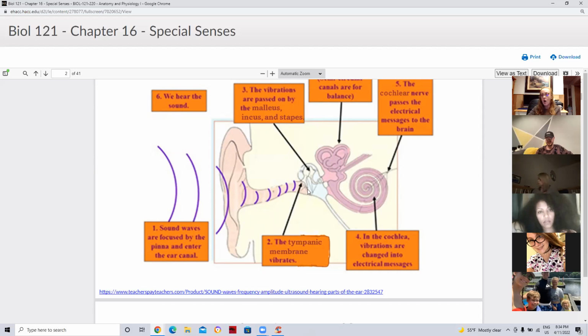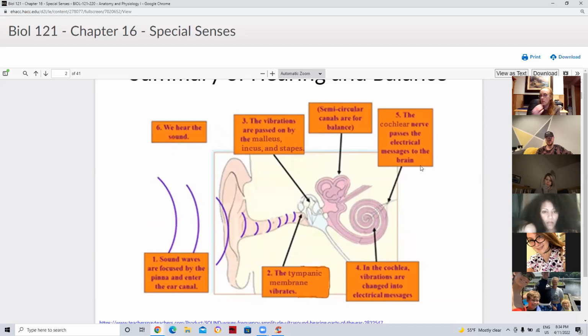And ultimately, they're going to cause the tympanic membrane to vibrate at the same frequency as those compressed airwaves. In the cochlea, those vibrations are going to be changed into electrical messages via depolarizing action potentials.